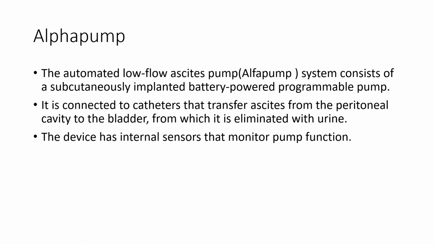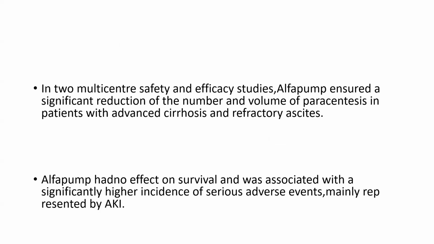Now our last resort of therapy is the alpha pump, an automated low-flow ascitic pump system consisting of a subcutaneously implanted battery-powered programmable pump. It is connected to a catheter that transfers ascites from the peritoneal cavity to the bladder, from which it is eliminated with urine. This device has an internal sensor that monitors pump function.